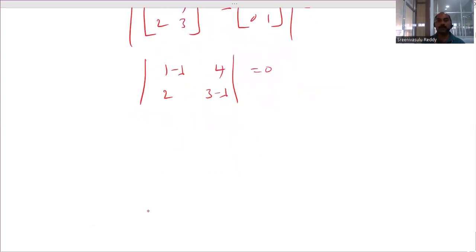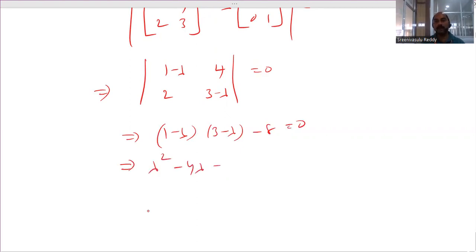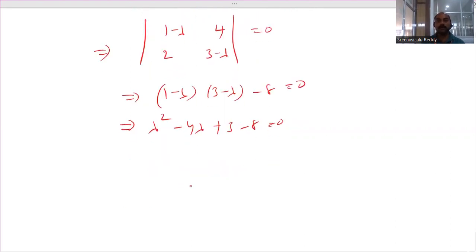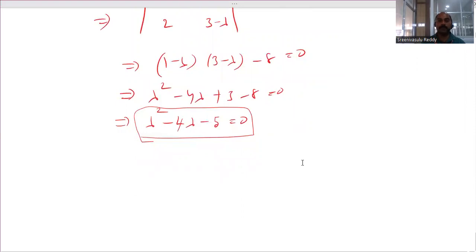Now the det of the matrix: 1 minus lambda into 3 minus lambda minus 8 equal to 0. From this we get lambda square minus 4 lambda plus 3 minus 8 equal to 0. That implies lambda square minus 4 lambda minus 5 equal to 0. So this is the characteristic equation.